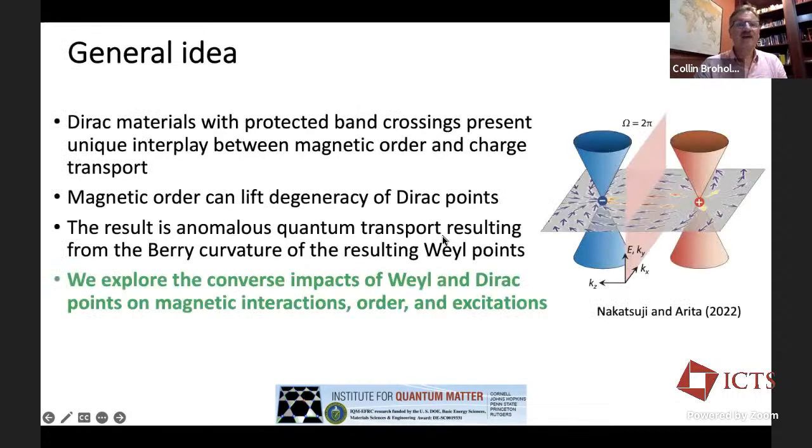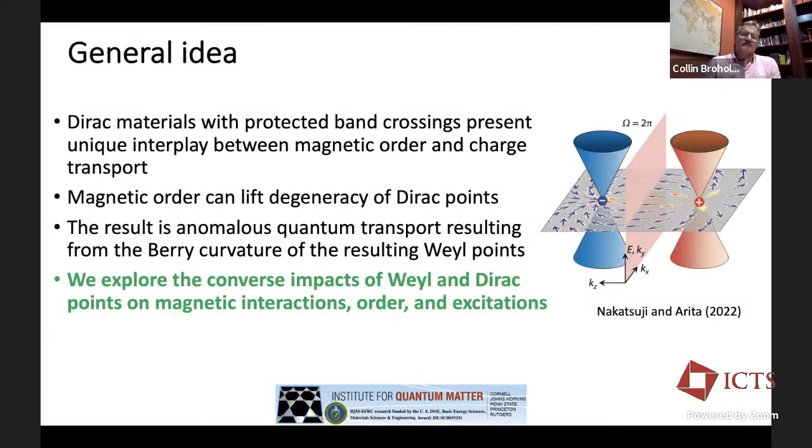Here is the outline, or the general idea, that I'm aiming to consider in this talk. The idea is that in Dirac materials that have protected band crossings, there can be an interesting interplay between magnetic order and charge transport. You're quite probably familiar with the fact that magnetic order can lift the degeneracy of Dirac points.